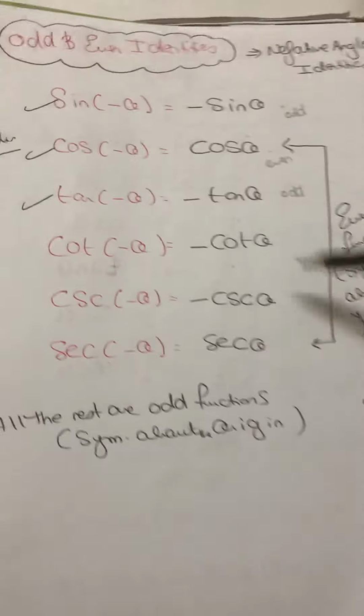Do I have a problem with cosine and secant? If the question came as cosine of negative theta, it's the same as cosine theta. And if the question came as secant of negative theta, it's the same as secant theta. What do I mean? Cosine of pi over 2 minus theta is the same as cosine of theta minus pi over 2.